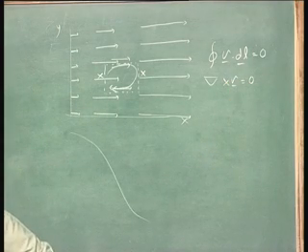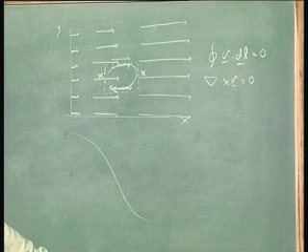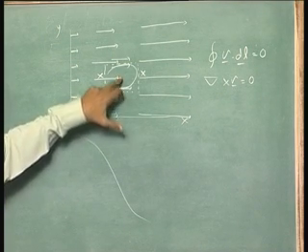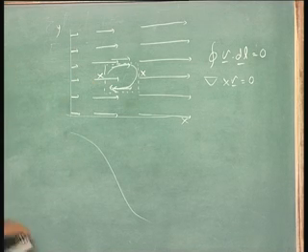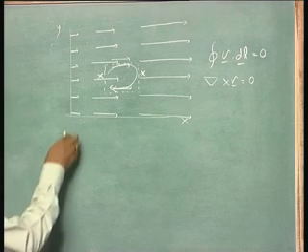Now, from the various examples we have seen so far, it should be fairly obvious what you require for curl. What you require is a variation in the field which is at 90 degrees to the field itself. So, that is the kind of example I am going to draw next. Let us look at it.